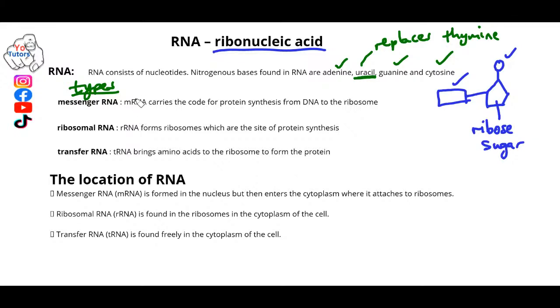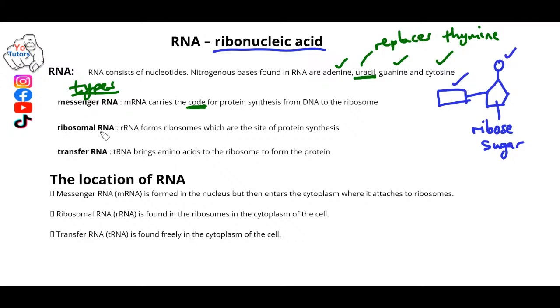Okay, so messenger RNA carries the code, which is the message, the code for protein synthesis from DNA to the ribosome. We'll explain why we have RNA carrying the message to the ribosome when we're doing protein synthesis. But this is what you must remember. Messenger RNA carries the code for protein synthesis from DNA to ribosomes.